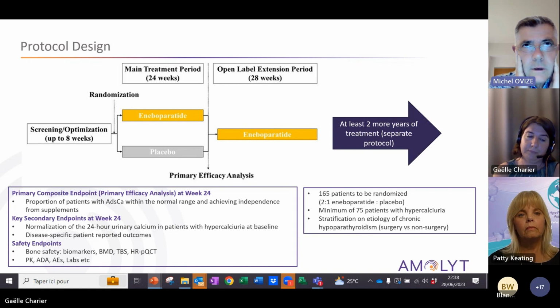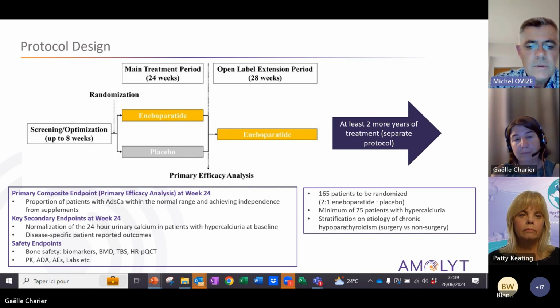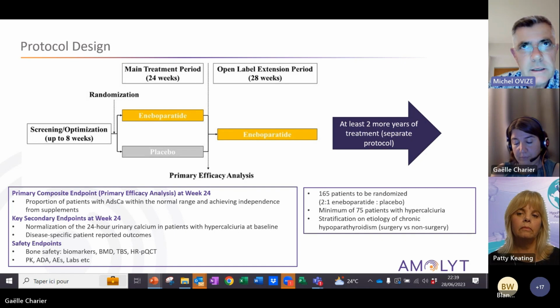But at the end of the day, for a patient randomized to receive the placebo form of the study treatment, there will be an attempt to reduce the conventional therapy, which is intake of active vitamin D and oral calcium, for a few days or a few weeks. But everything is envisaged in the study to prevent any safety problems, basically hypocalcemia.